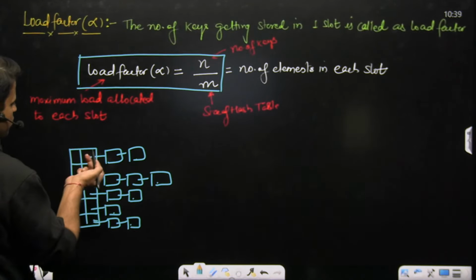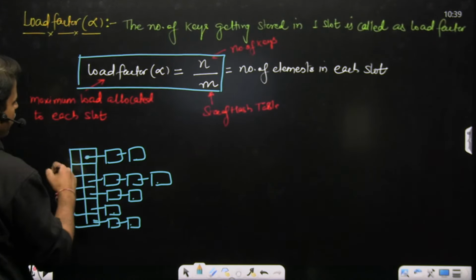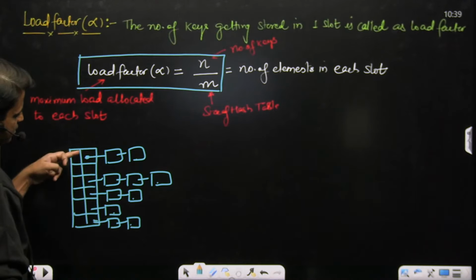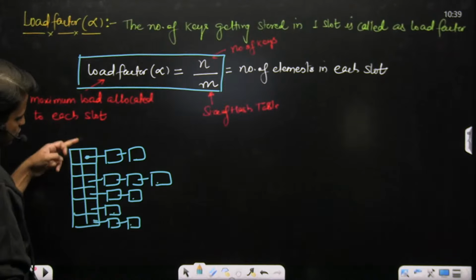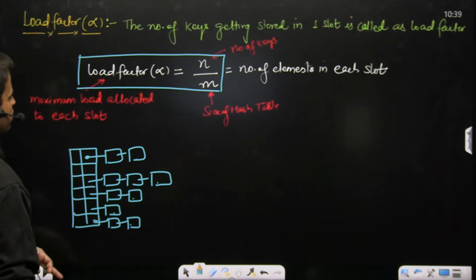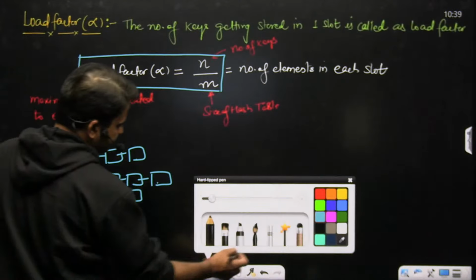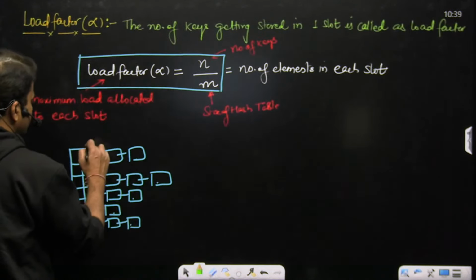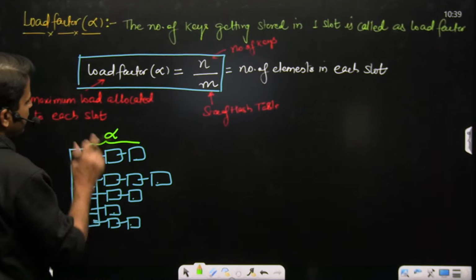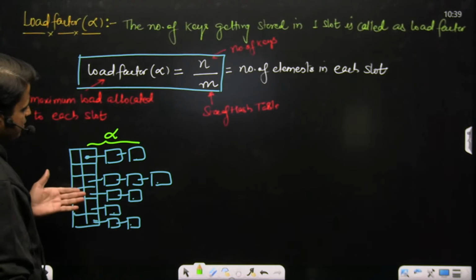So this is the load factor: on an average, how much load is allocated on each slot. Like here this is 3 and this is 2, but this is null, 0. So on an average slot, on every slot, this is the load factor. Let this be alpha. Okay, what is the value of alpha, student? It is a constant, right?